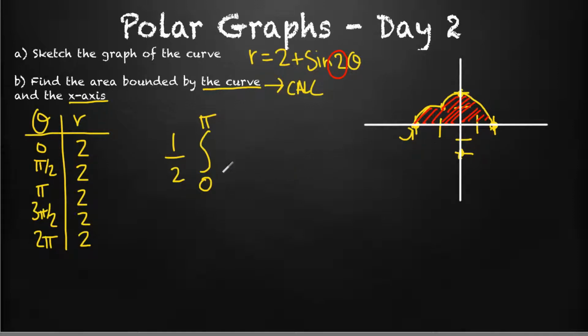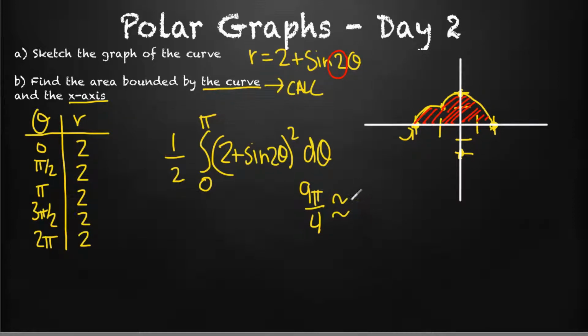And so 0 to pi, 2 plus sine of 2 theta all squared d theta. And we're going to plug that into our calculator, and we end up getting 9 pi over 4 if we're in exact mode. Or if we're in approximate mode, it would be 7.069.